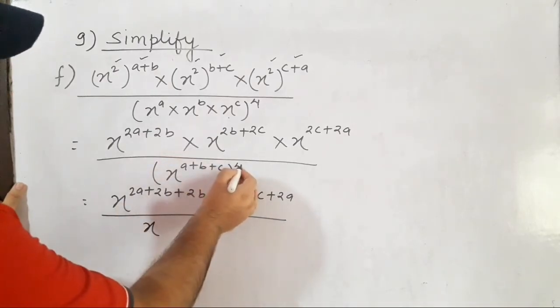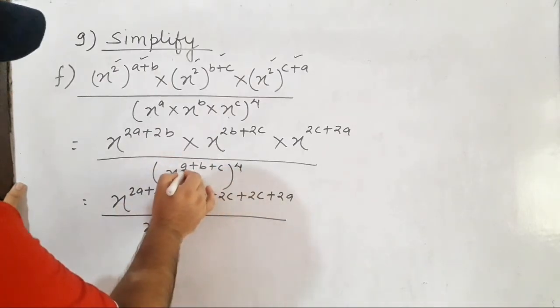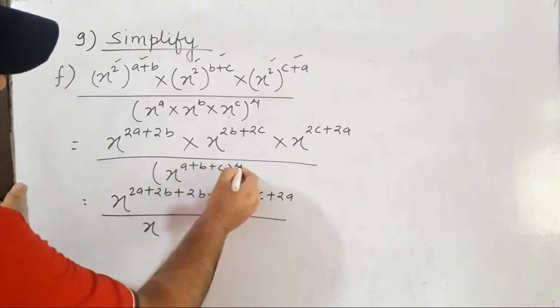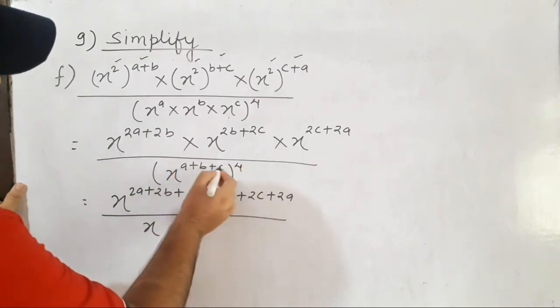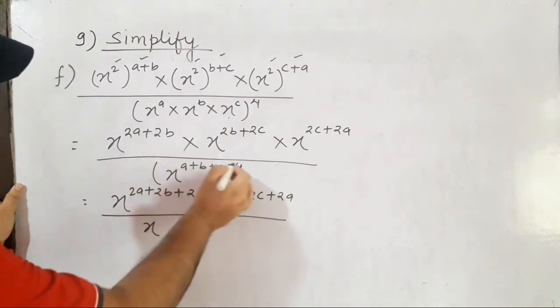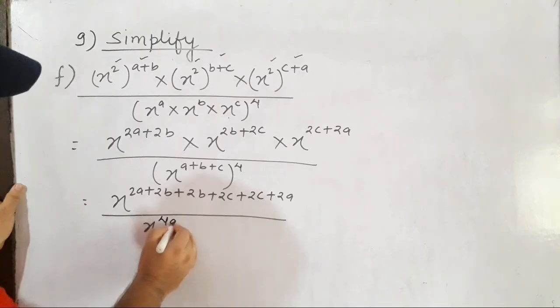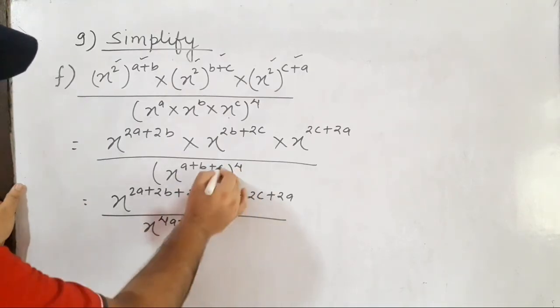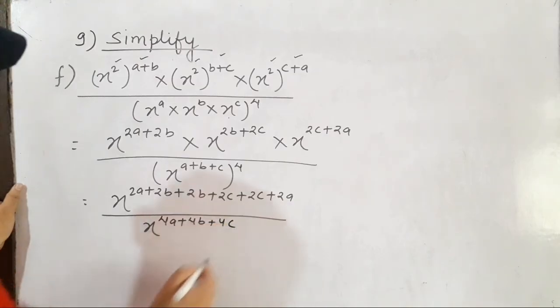Outside there is power 4 and inside there are powers a plus b plus c. So this power 4 shall multiply these powers. So it will be x power a into 4, 4a, plus b into 4, 4b, plus c into 4, 4c.